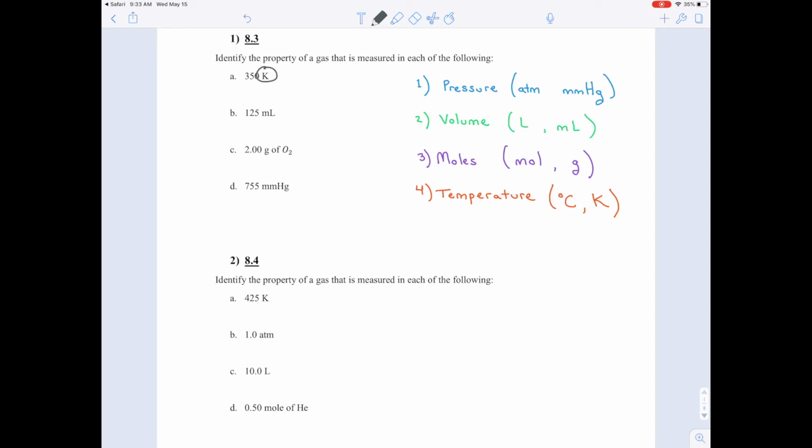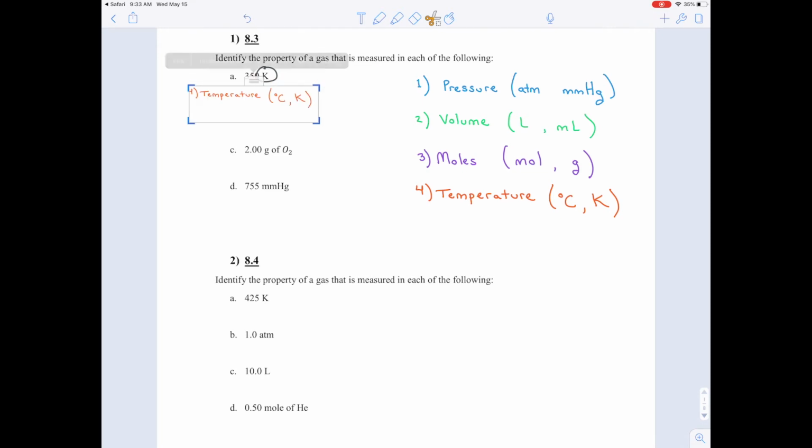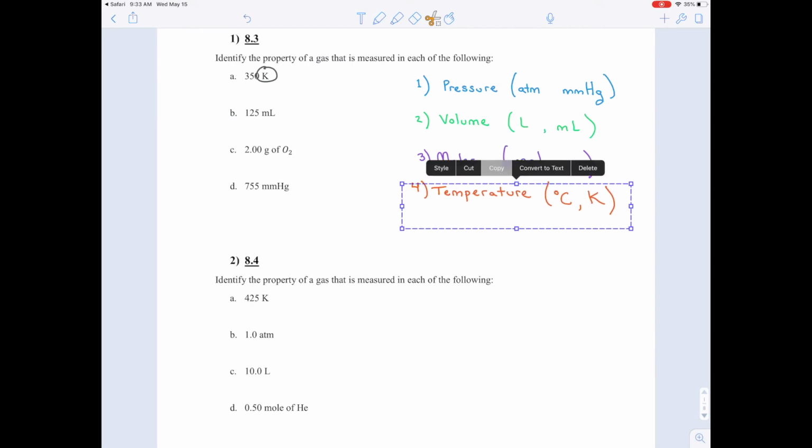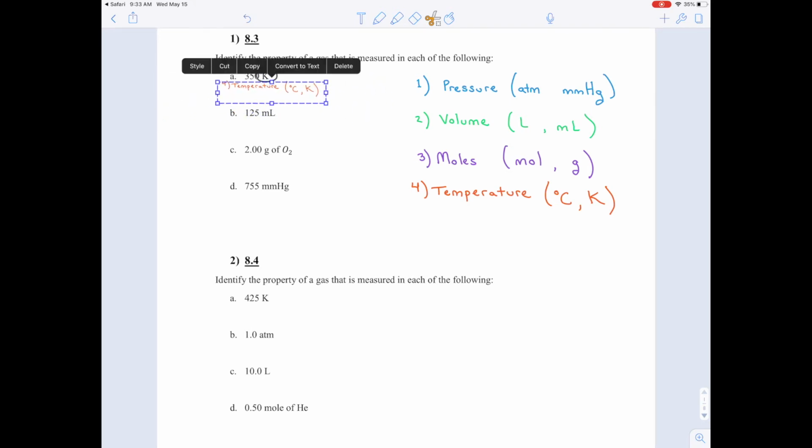And we see here is a capital K, so that means we're dealing with this 4th property, the temperature. So there we have the temperature, because A is Kelvin.